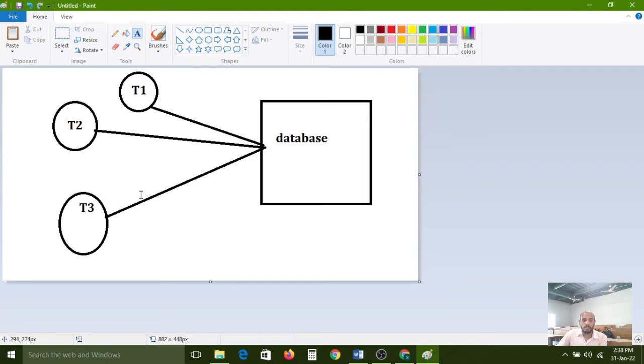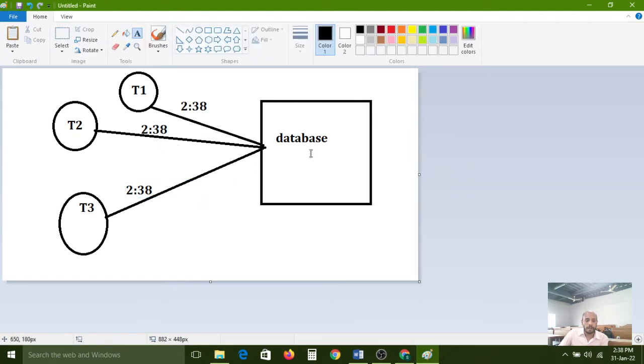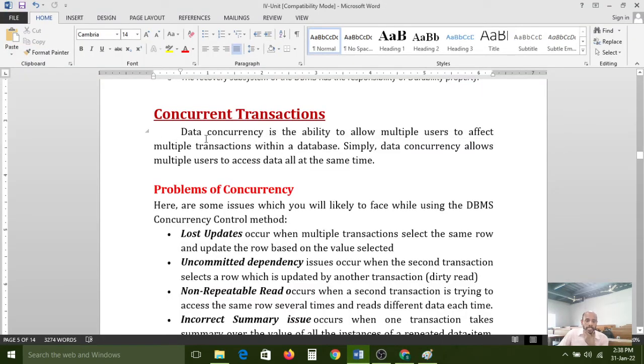So T1, T2, T3, three transactions, are coming at a time, at 2:38, and accessing the same database. That type of transactions are called concurrent transactions, because these three transactions are coming at the same timing and accessing the same data.